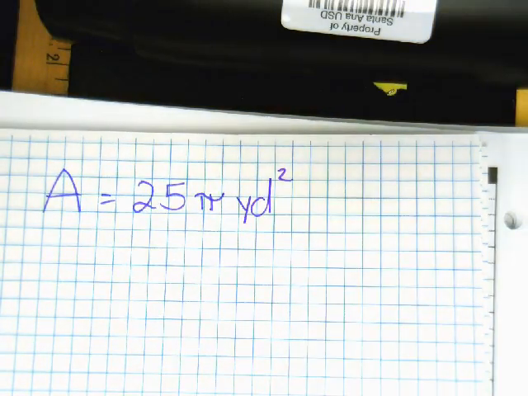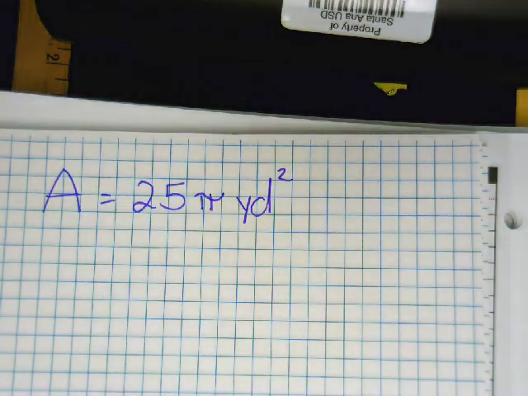Okay. Area is equal to 25 pi yards squared. What just happened? I added the pi sign. What does that mean if the pi sign's still there? Did they multiply 25 times pi? No. So it's like they stopped before using pi.